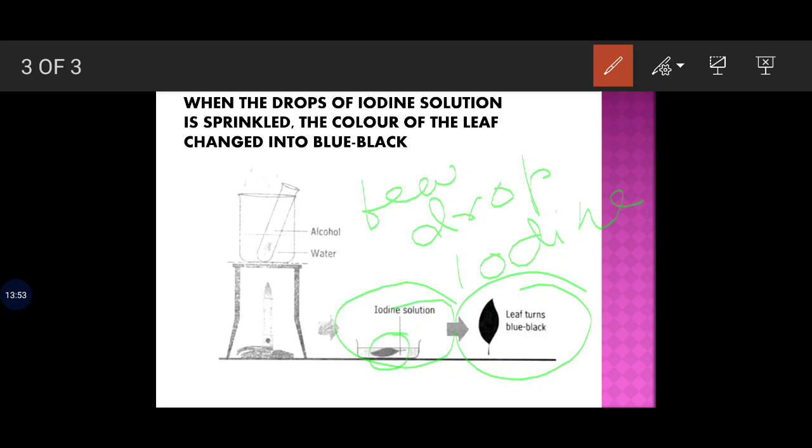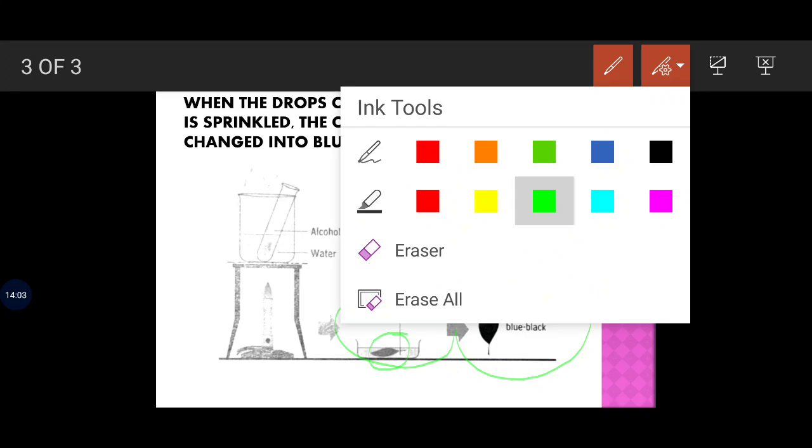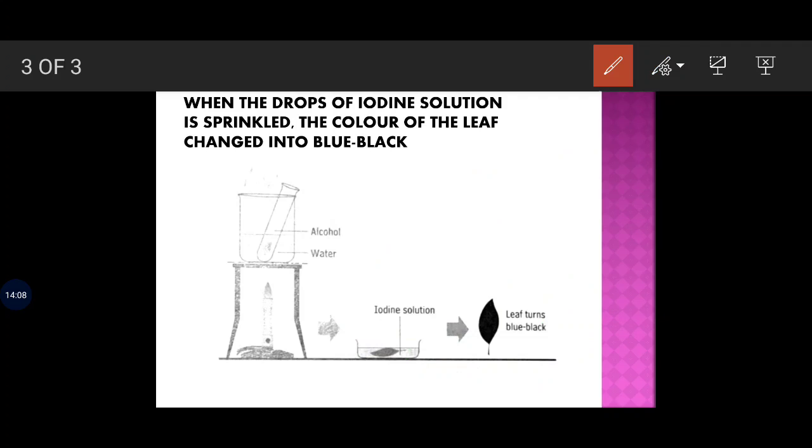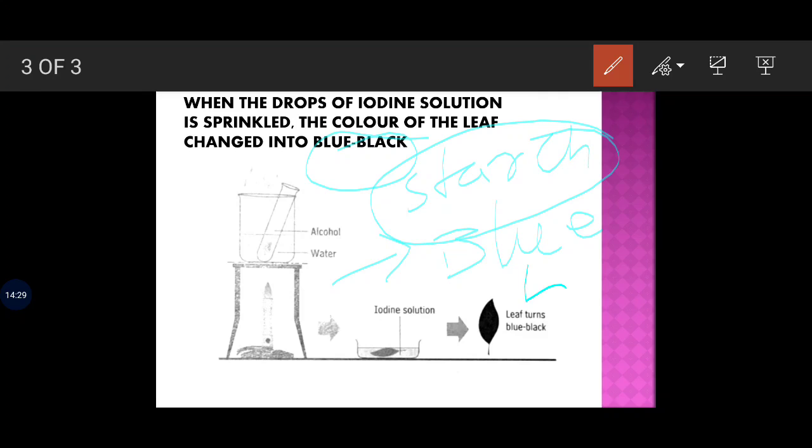You will see that the leaf turns blue-black in color. And why so, my dear students? Why will the leaf turn blue-black in color? Because when iodine reacts with starch, when you put iodine on any starch-containing food, it turns it into a bluish-black color.